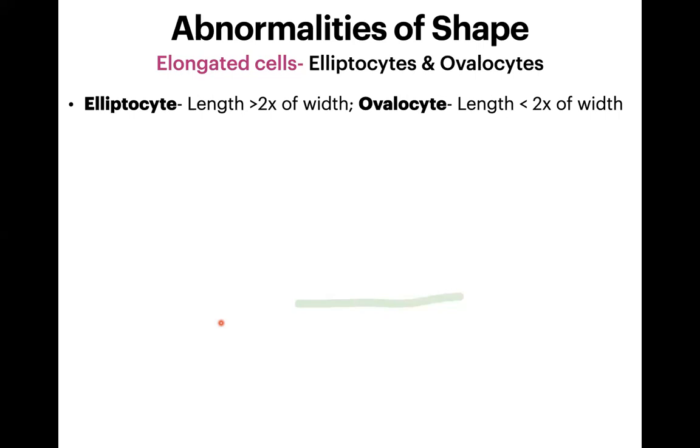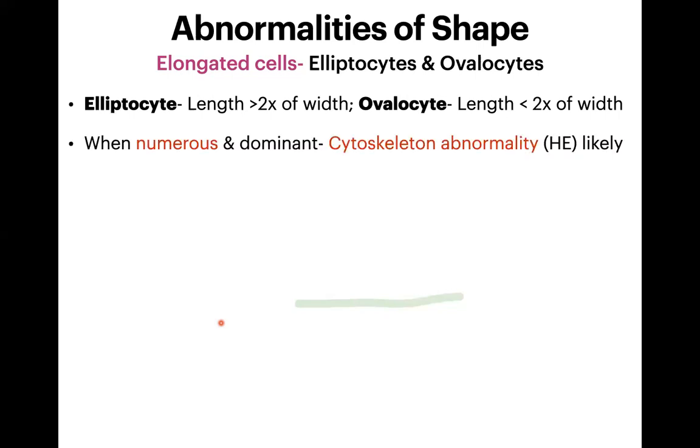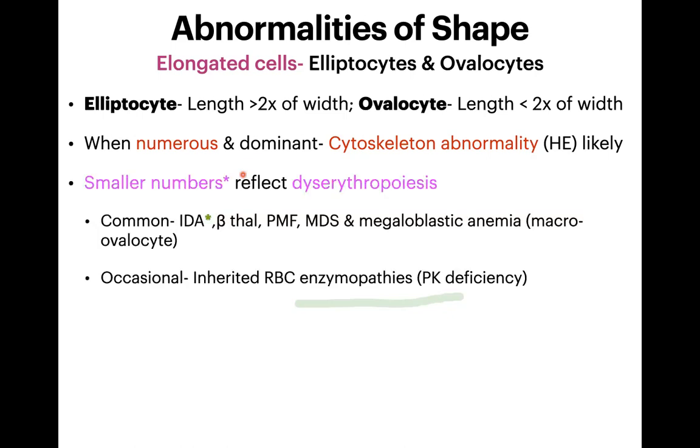When they are numerous and the dominant abnormality, just remember this: when you are seeing many ovalocytes and elliptocytes, most likely you are dealing with a cytoskeleton abnormality like hereditary elliptocytosis. Smaller numbers reflect dyserythropoiesis.